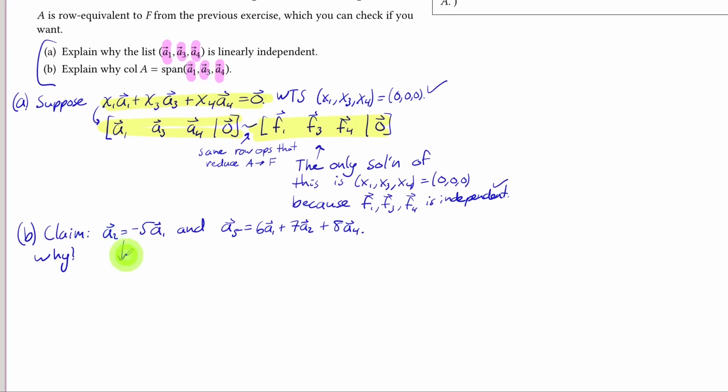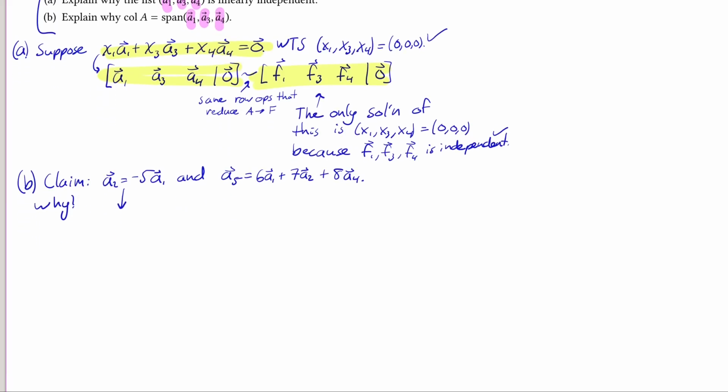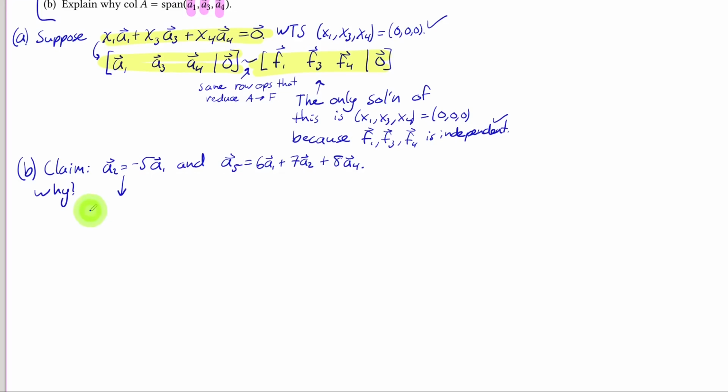because the fact that A2 equals negative 5A1 gives you a solution of the homogeneous equation. And that solution is 5, 1. Well, let's write this out. It is 5A1 plus A2 plus 0A3 plus 0A4 plus 0A5.